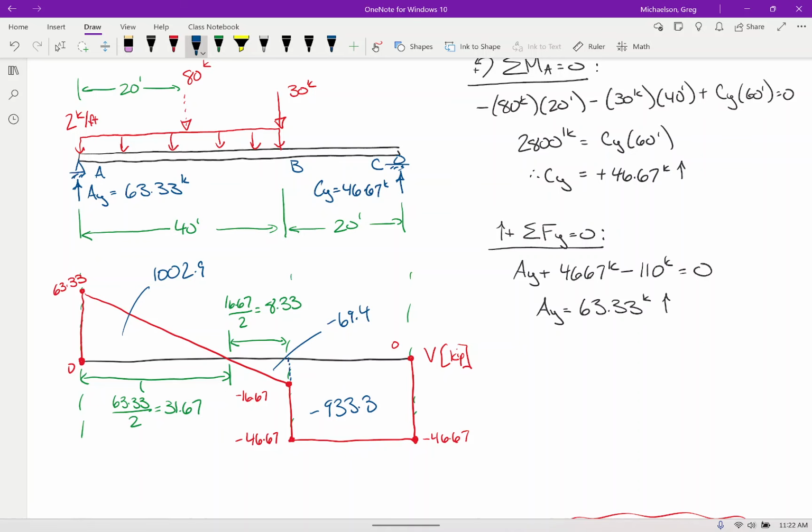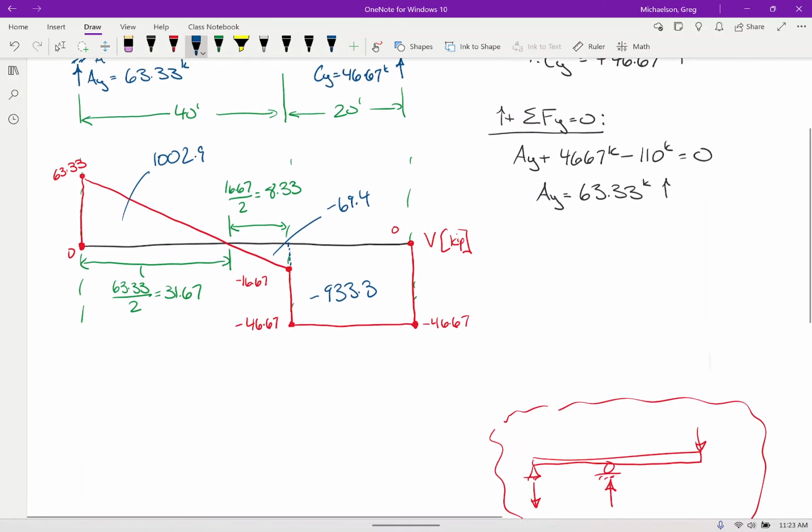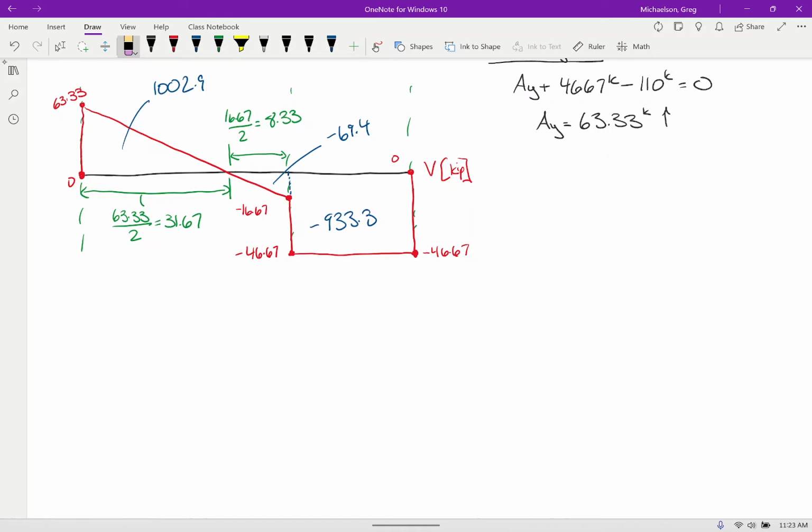Is it close enough to 0? Is everybody getting 0 when you add those 3 areas together? Close enough. And again, the error is probably just due to rounding. Sound good? Okay.